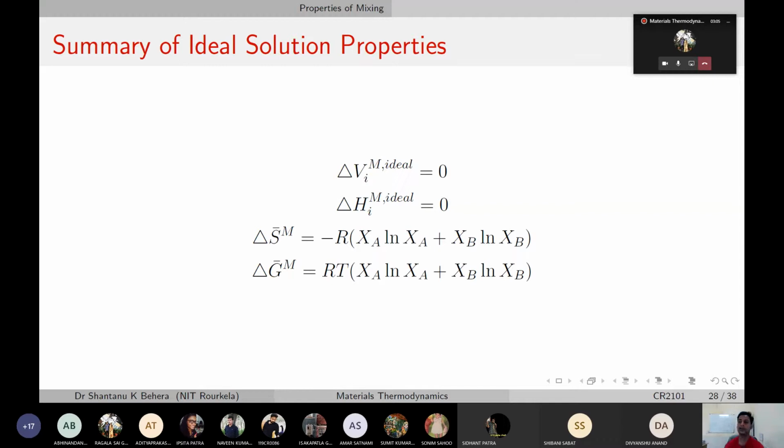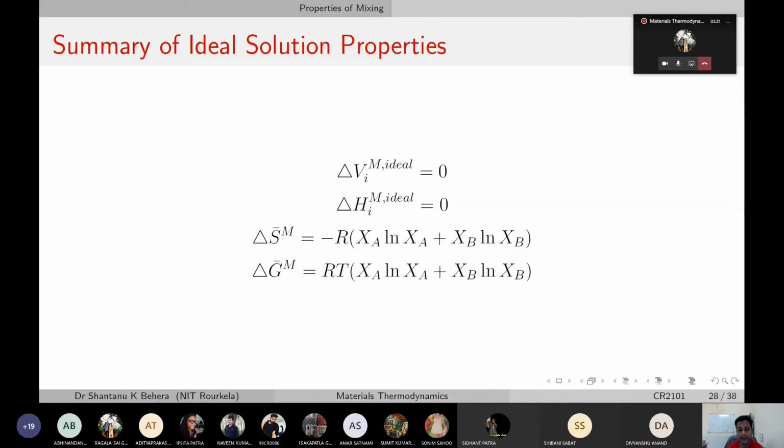But the fact that when you mix two components, it immediately mixes, that's driven by the fact that there is a positive change in entropy. And you know that Gibbs energy is a combination of enthalpy and entropy change.